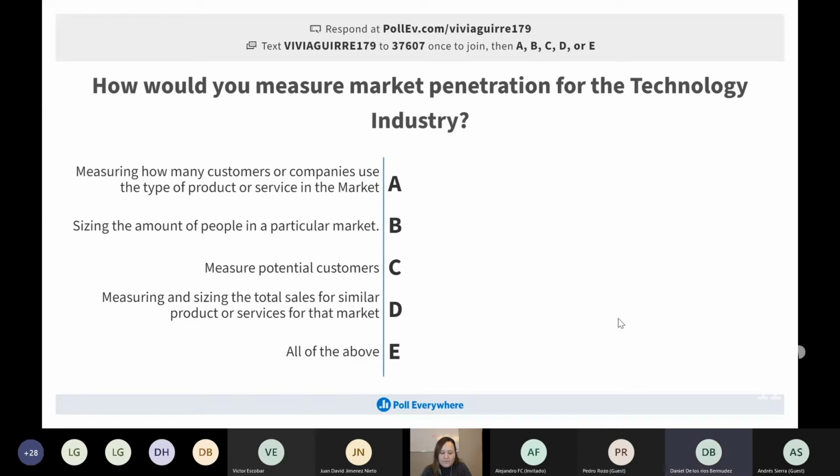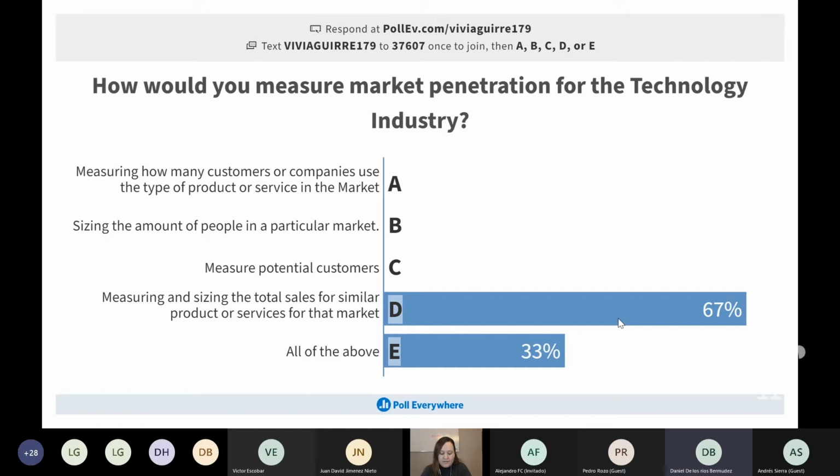Sorry, Viviana, maybe you can help me with a question that I have. Of course. Without hiring a marketing research company, how can we get all the information about the market for specific industries in Canada? I don't know if there are public websites where we can find this sizing. Yes.